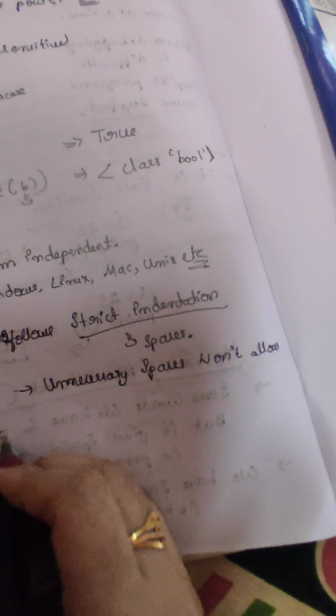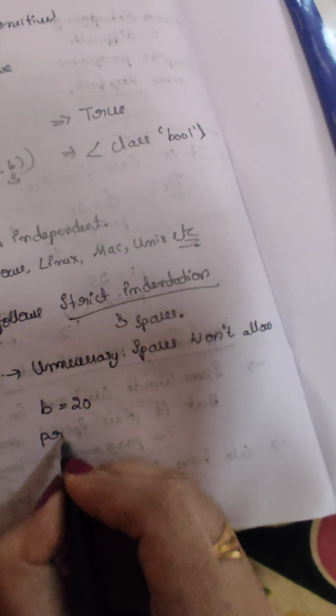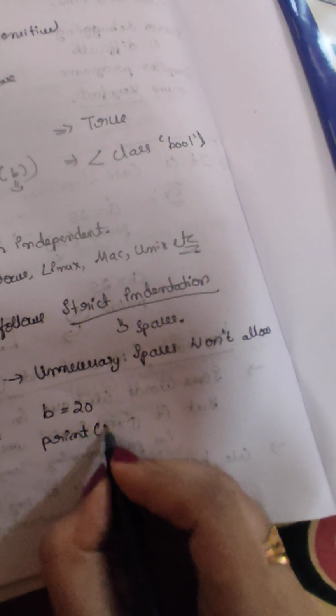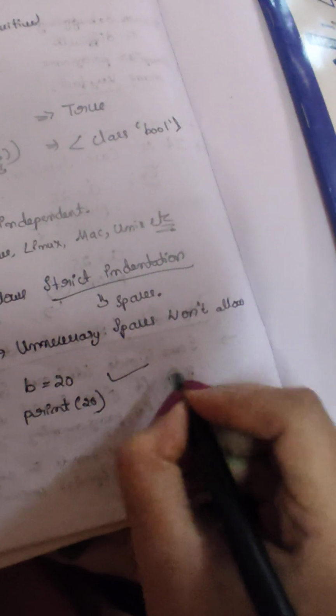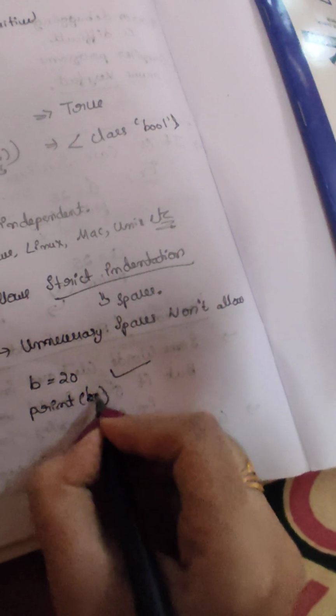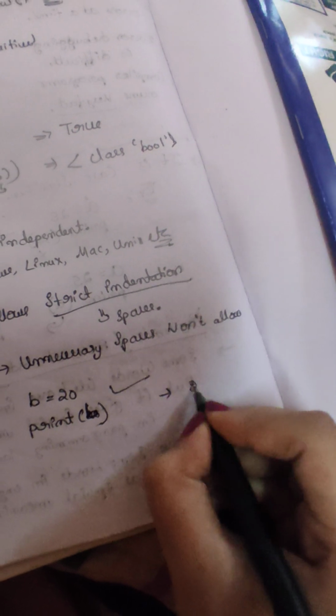For example, I want to print B value, which is 20. Print of B. It will give 20 as output.